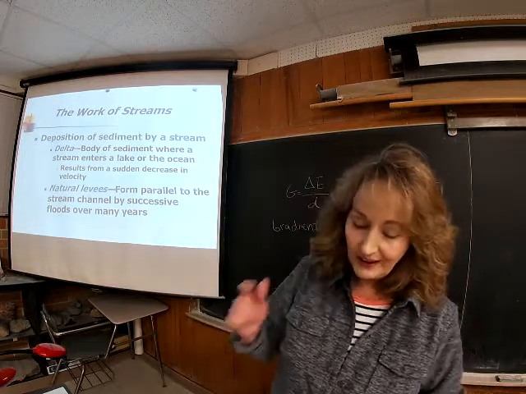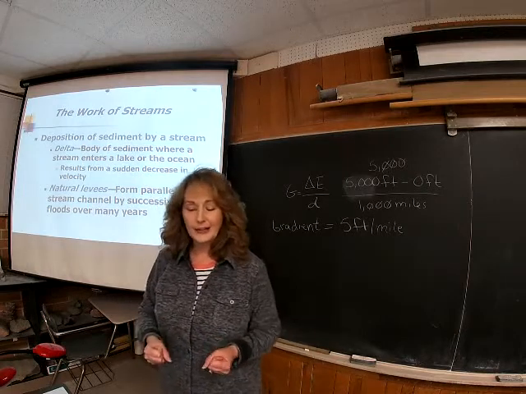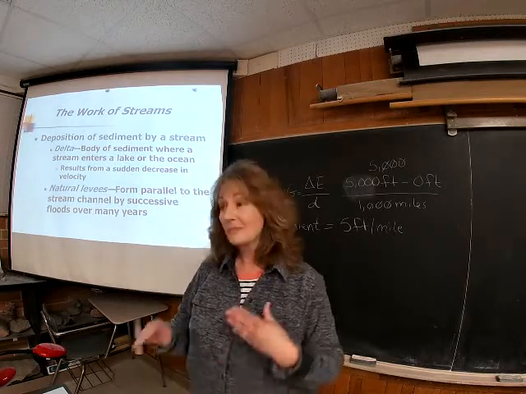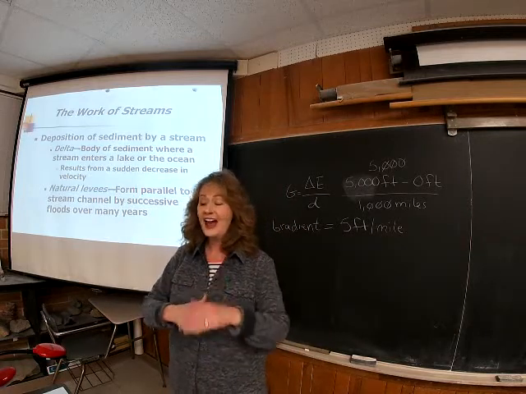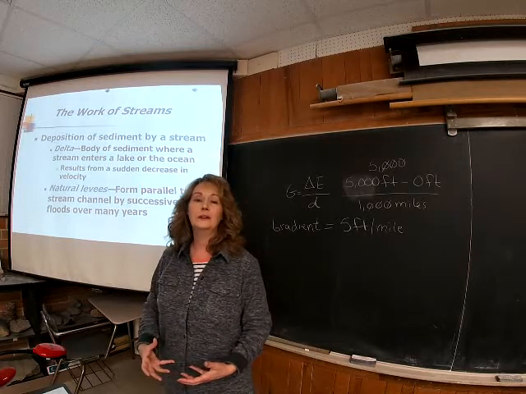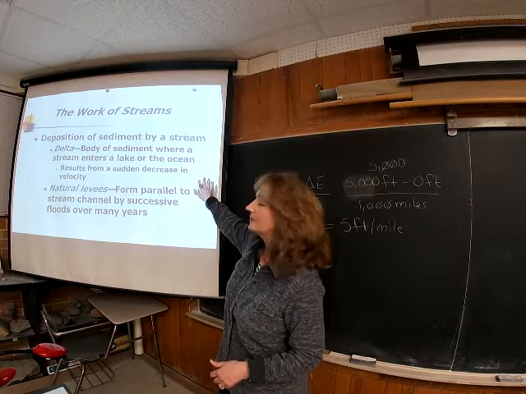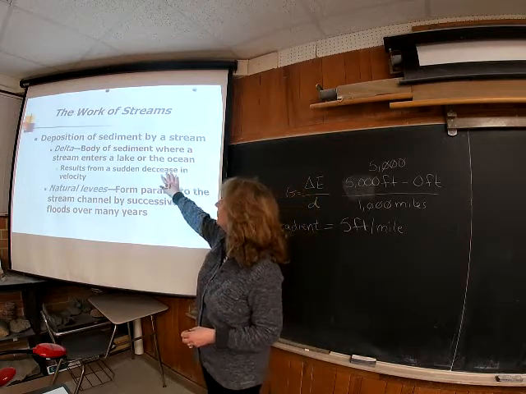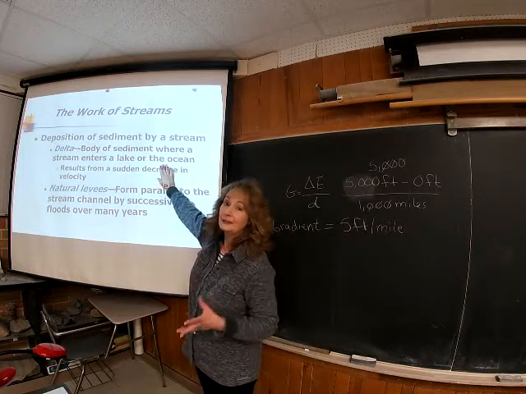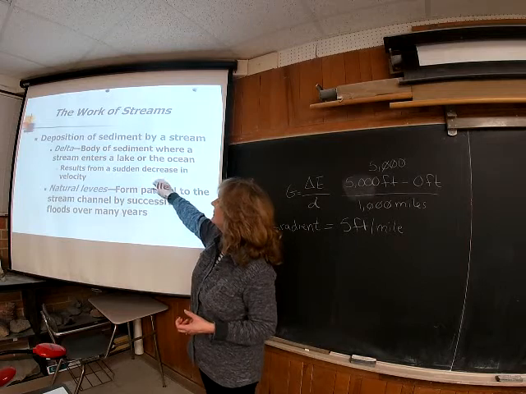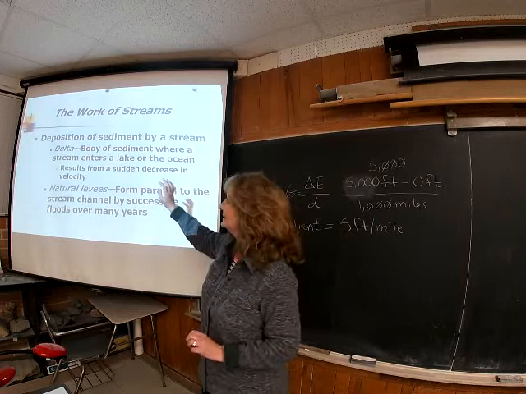Okay, and so as our stream or river enters a still body of water, velocity is going to drop off. It's almost like it's slamming up against a wall, and it will deposit, right? It's going to deposit that sediment load. As it enters ultimately the ocean, what we think of, a sudden decrease in velocity creates what we call a delta.